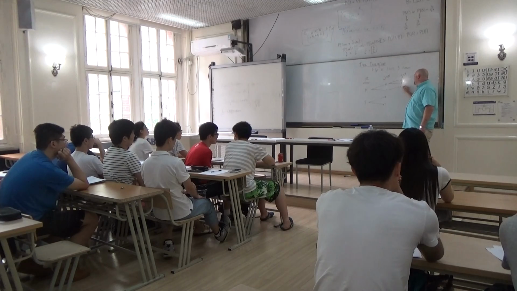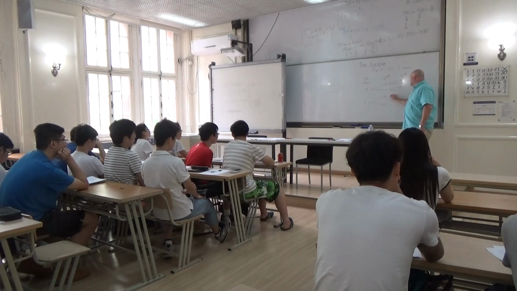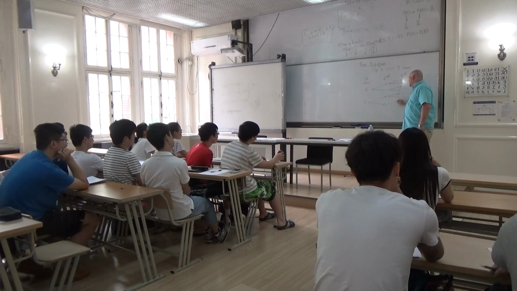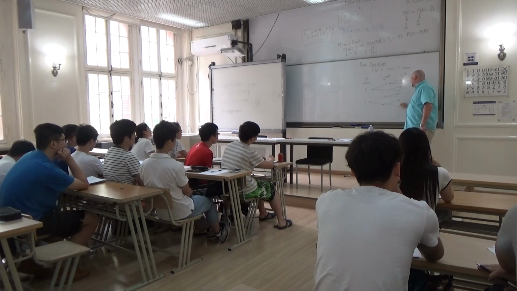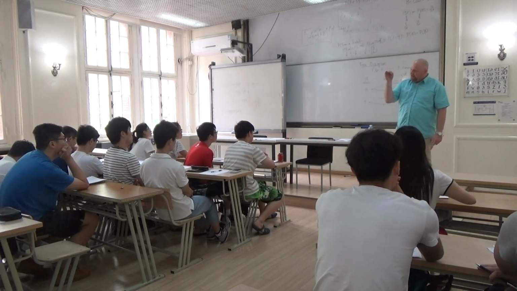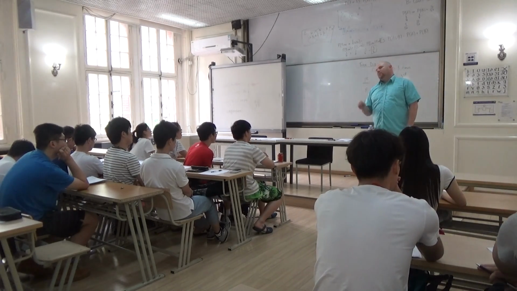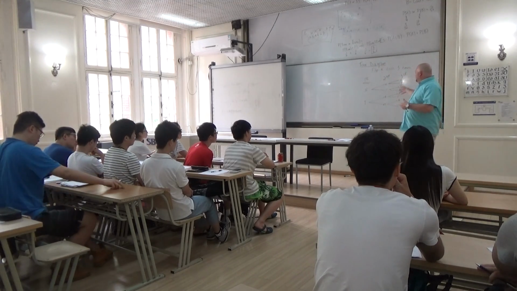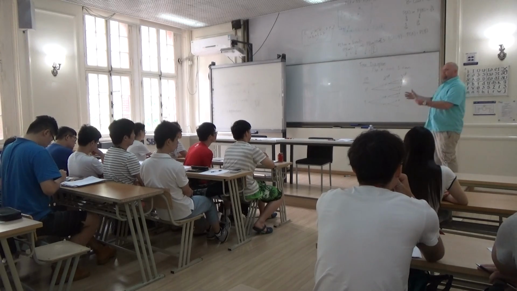I could have another heads or tails. From here, I could have a heads or tails. Here, I could have a heads or a tails. Now, this allows us to see every possible path that we could take. That's why we like tree diagrams, because it allows us to see the possible paths.